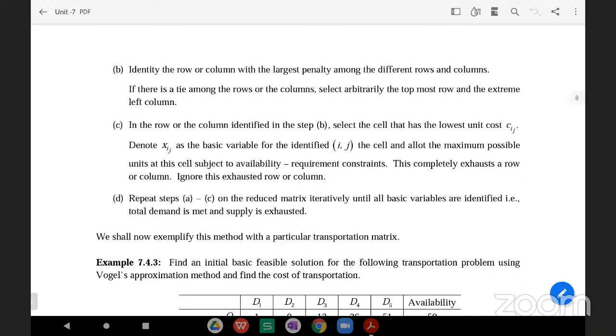Once all of you read the step by step procedures, then you can easily understand.